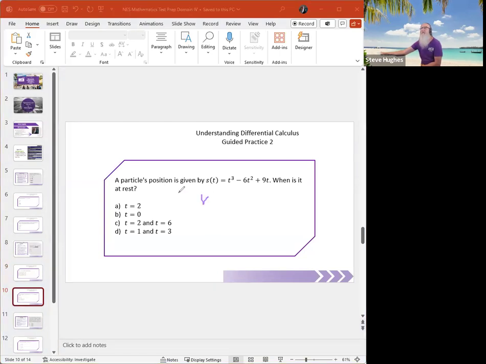The derivative, S prime of t, equals v of t, and that equals the velocity. S double prime of t equals v prime of t equals a of t, which is the acceleration.